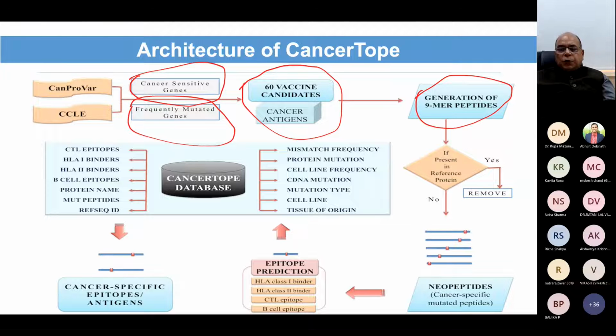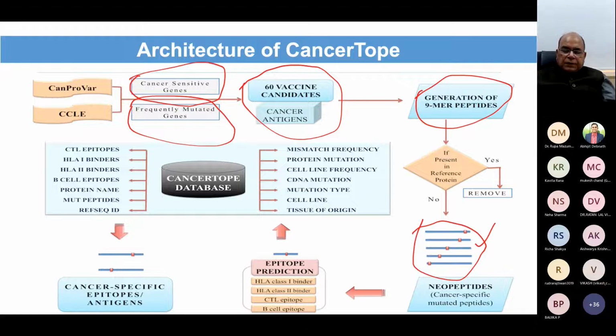If available in normal cells, remove it. If it is not, then check these peptides. These are peptides which are found in the cancer patient, but not in the healthy person. Okay, so these are called cancer specific peptides.